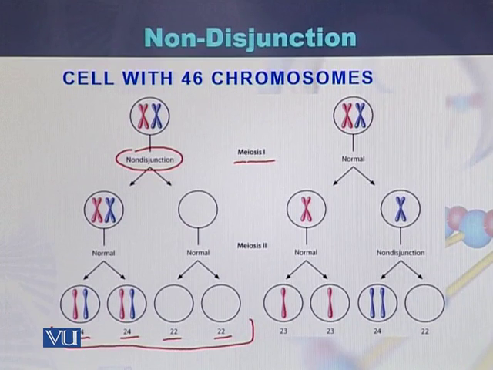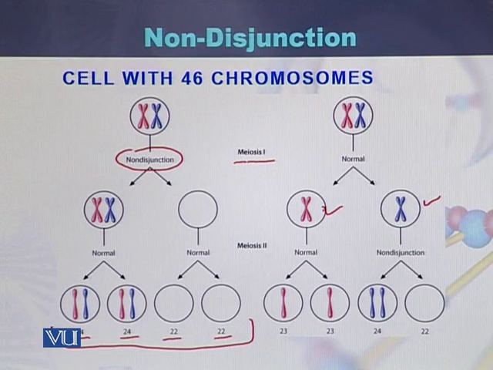On the other hand, if the first meiosis is the normal one, where the chromosomes segregate, one of the chromosomes is in this cell and the second chromosome is here.